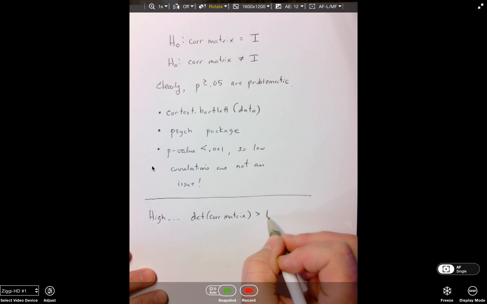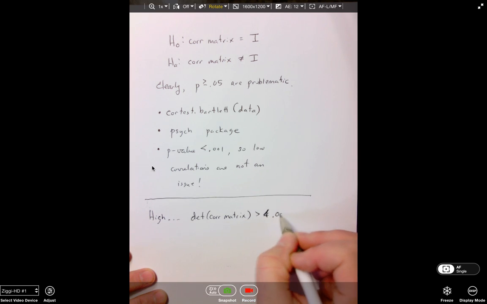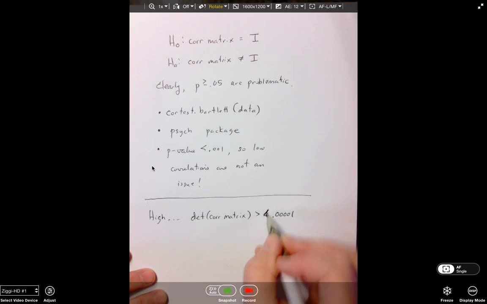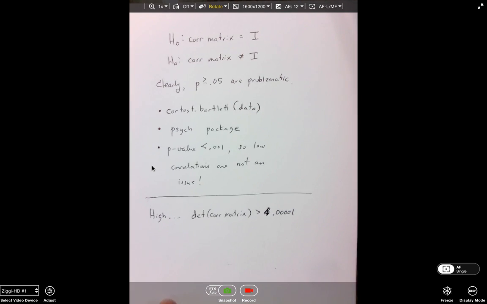The cutoff is 0.00001, 4 zeros. If the determinant of our correlation matrix is greater than 0.00001, then we have no problem with high correlations.